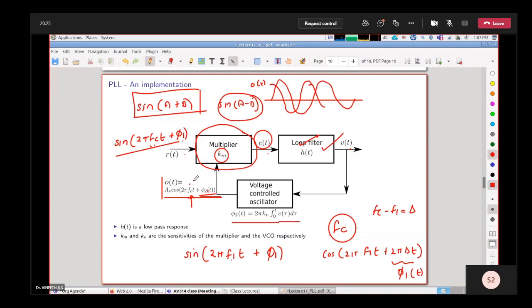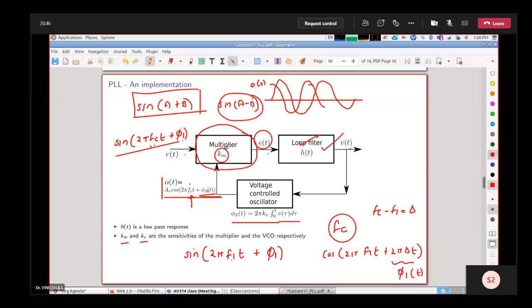We have this multiplier which is used to compare the phase, and we filter it to get this control signal V of t. The control signal produces this O of t, which hopefully we can match in phase to the received signal R of t. I think I already said what Km and Kv are.